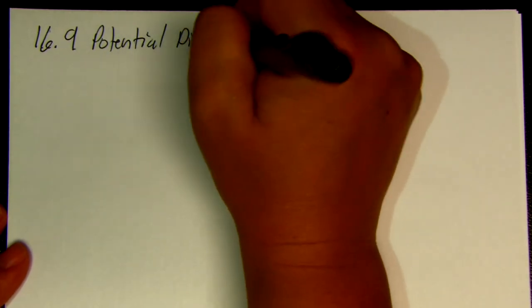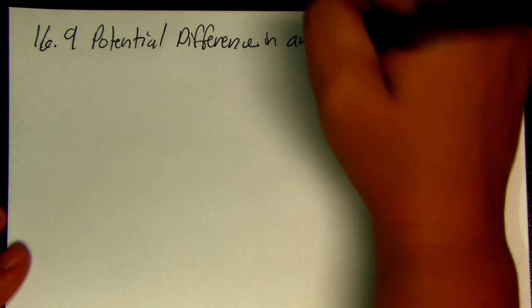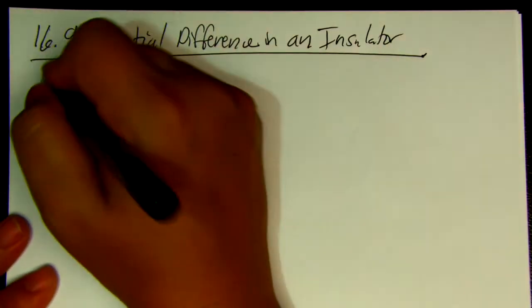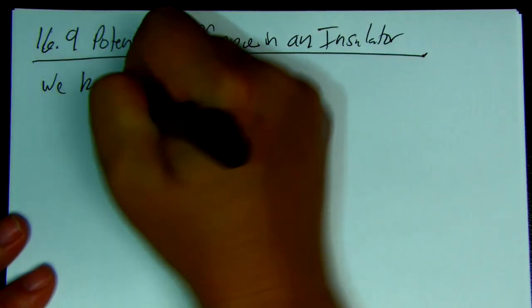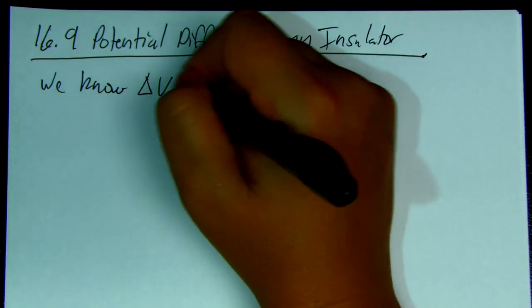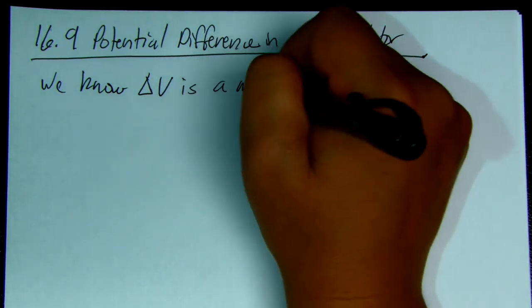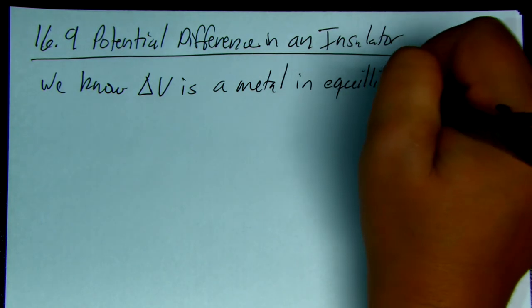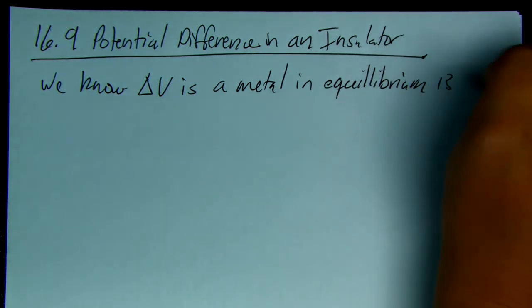All right, so let's look at insulators now. They're a little bit of a different beast. We know delta V in a metal in equilibrium is 0.